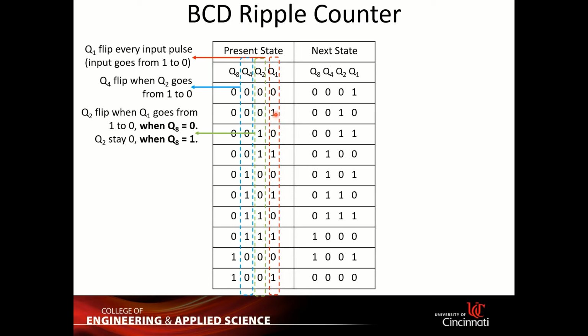Okay, 1 to 0 flip, 1 to 0 flip, 1 to 0 flip, 1 to 0 flip, 1 to 0 flip, okay. 1 back to 0 doesn't flip. So you see it only flips when Q8 is 0. When Q8 is equal to 1, it stays at 0.